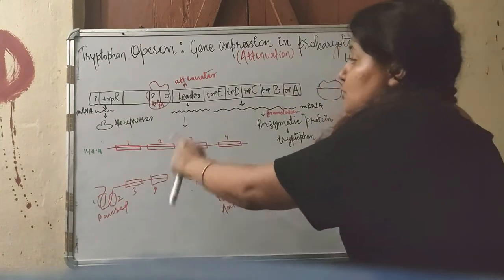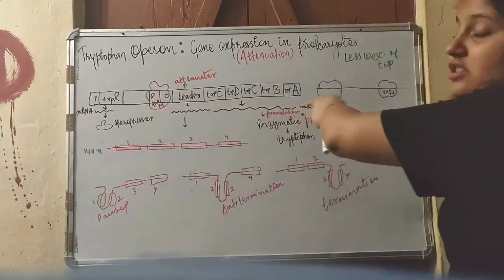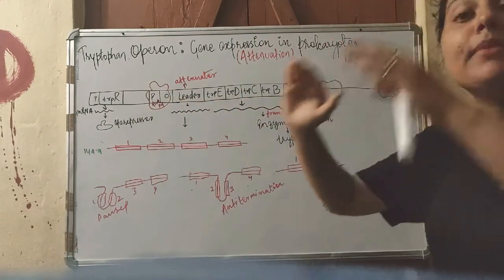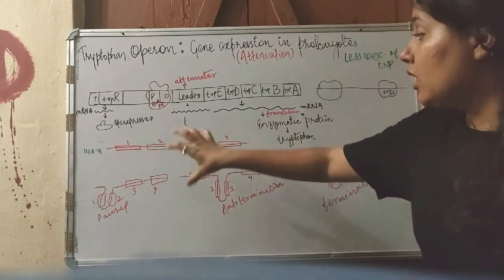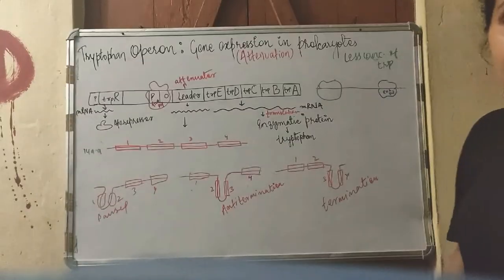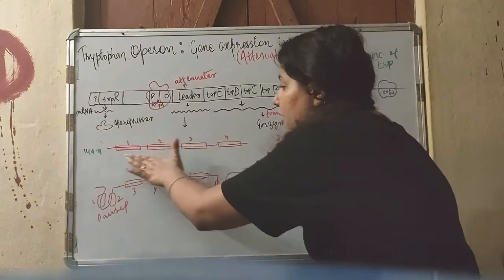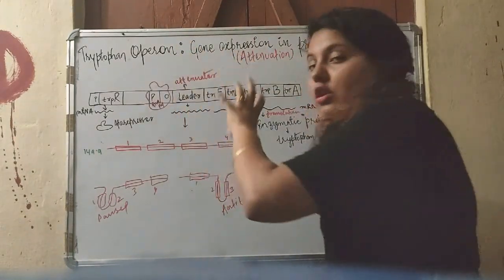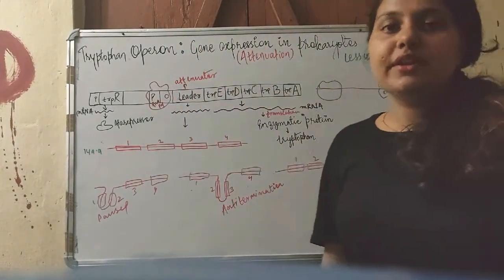But in this case we are not talking about the transcriptional level, that is, the formation of mRNA, but we are talking about the translational level. Alright, our mRNA has already been made. The work of RNA polymerase has already been completed here.